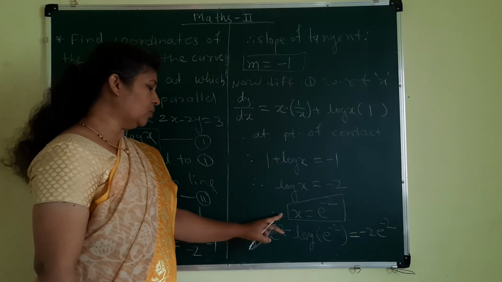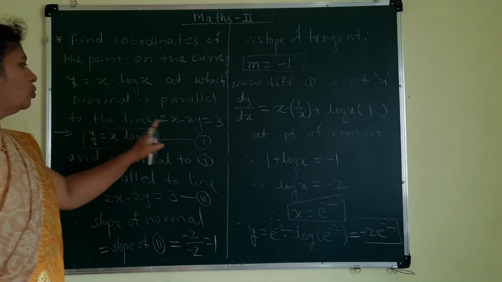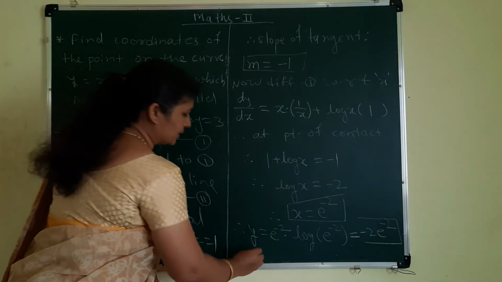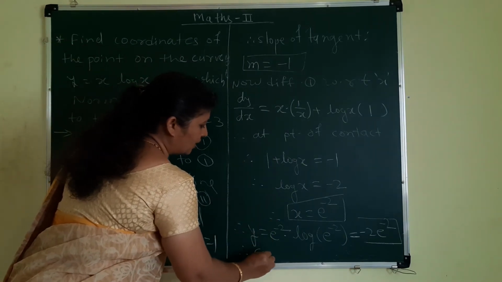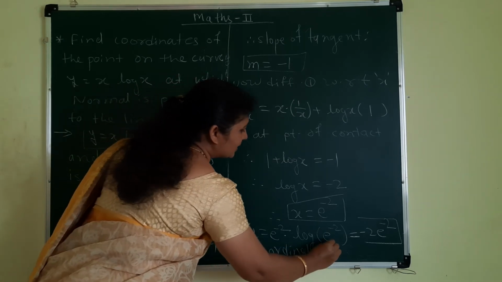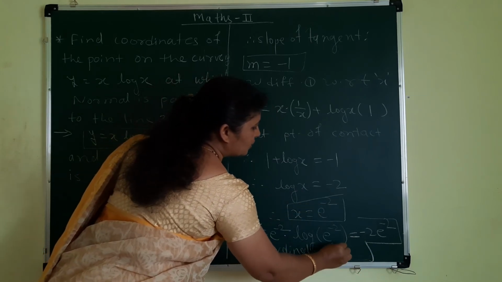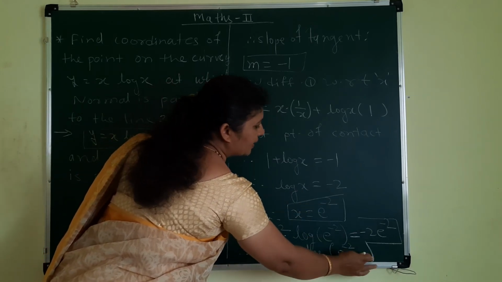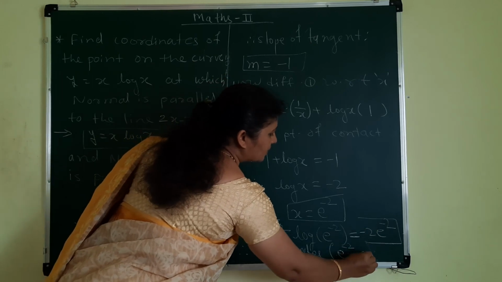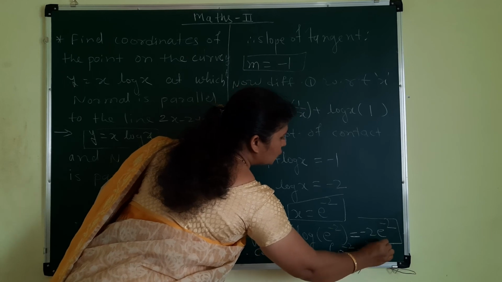So what are the coordinates of that point where the normal is parallel to the line given? The coordinates are x is equal to e raised to minus 2 and y is equal to minus 2 times e raised to minus 2.